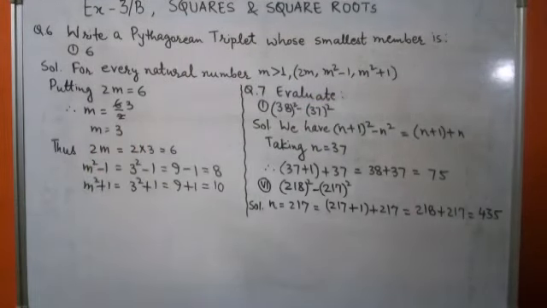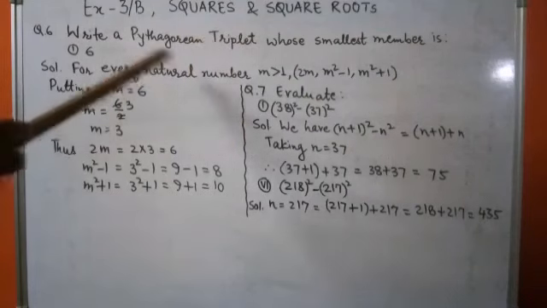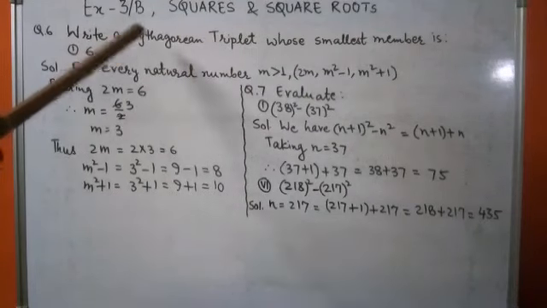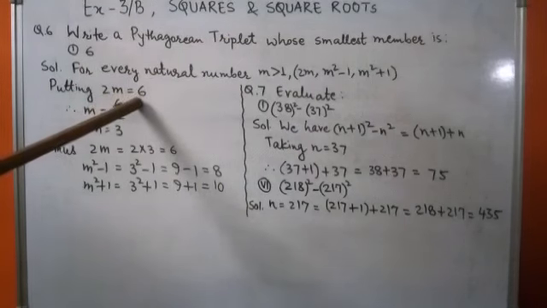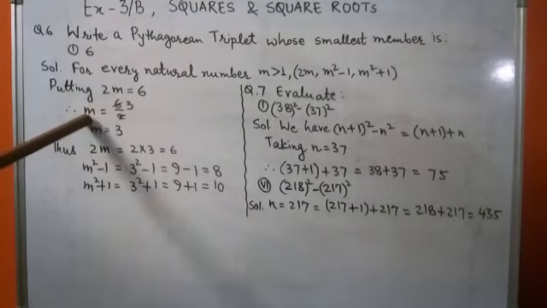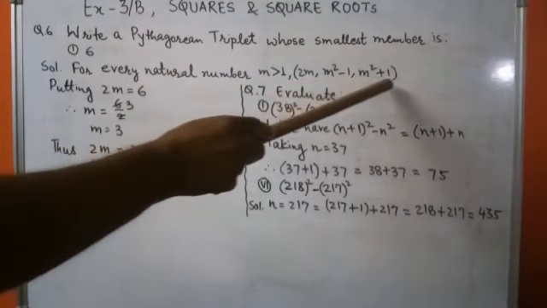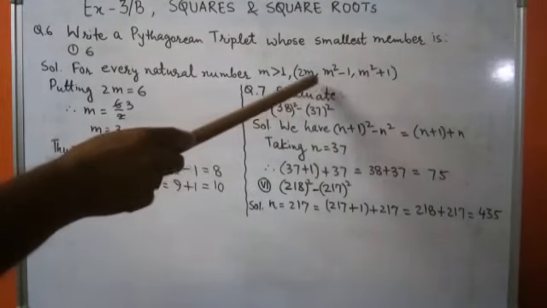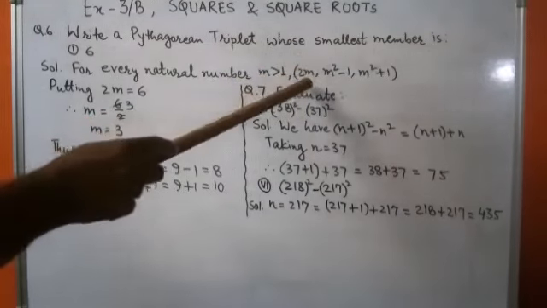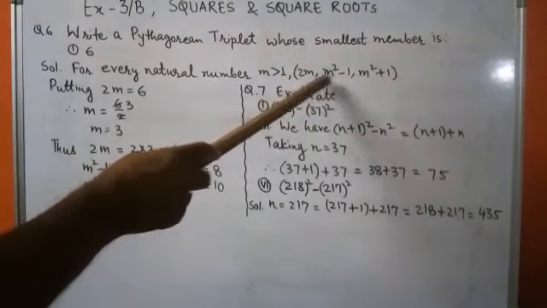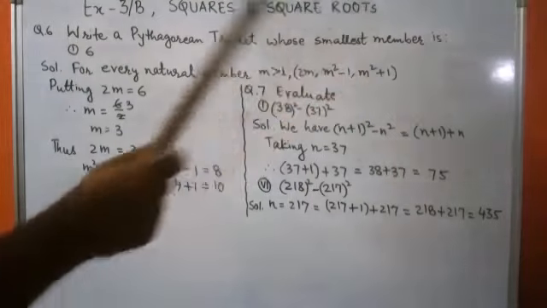So first of all, this 6 to be put in 2m equal to 6, where we have to find out the value of m, that is 3. Now the 3 numbers of this triplet are 2m, m square minus 1, m square plus 1.